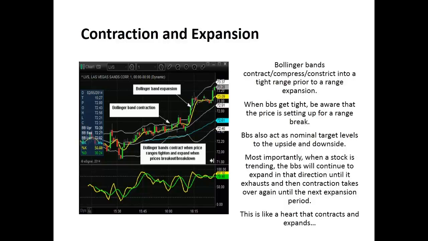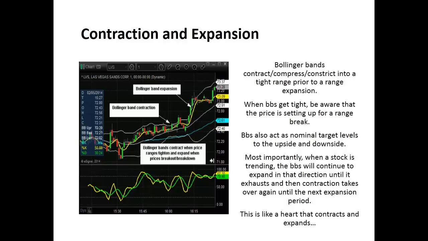Now let me also add the middle Bollinger Band is a 20 period moving average, and it's very significant, especially on that 1 minute chart, which I have gone over in prior videos. On the 1 minute chart, I like to pretty much just keep a 5 period moving average in yellow, keep that 20 period moving average, which is part of the Bollinger Bands, and a 200 period moving average.